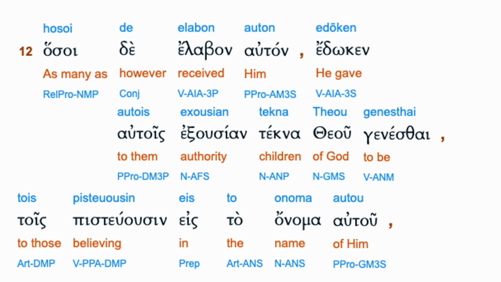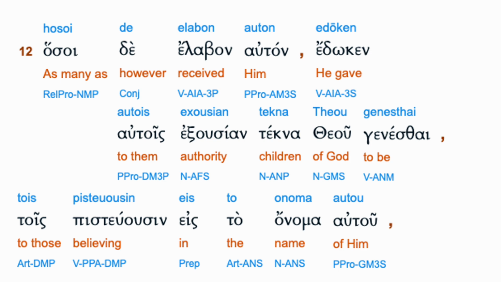So the many it's talking about, they're in the nominative, they're doing the receiving, and he, Jesus, is the one being received, that he is the object of the verb. Then edoken is in there. He gave them authority. Teknotheu genesthai. We've got that gen word again from Genesis, to be, to become something. So he's giving them the authority to become children of God.